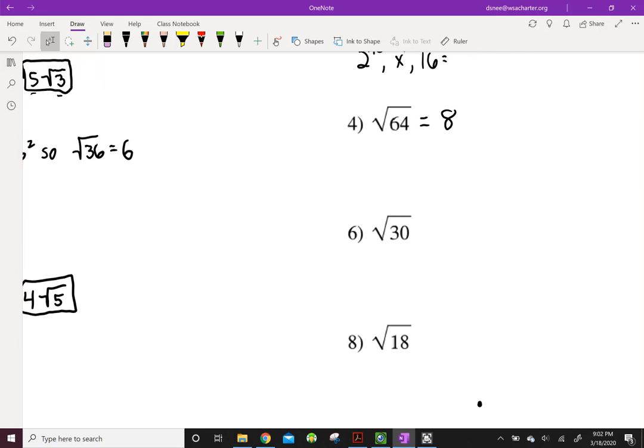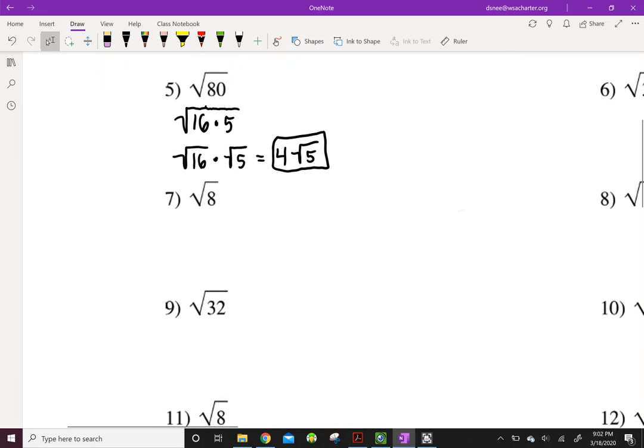The square root of 30, this is the last one I'm going to do on this page with you guys. Let's see here. 1, 4, 9, 16, 25. That's as simplified as I can go. I changed my mind. I'm going to do one more. I know that the square root of 8 is equal to the square root of 4 times 2.